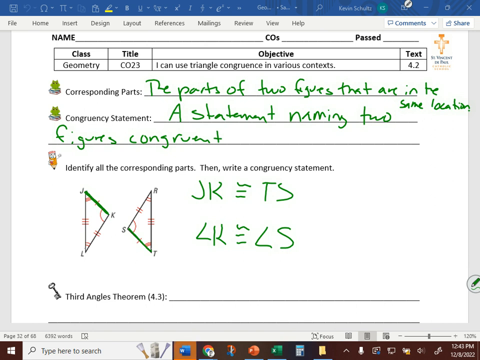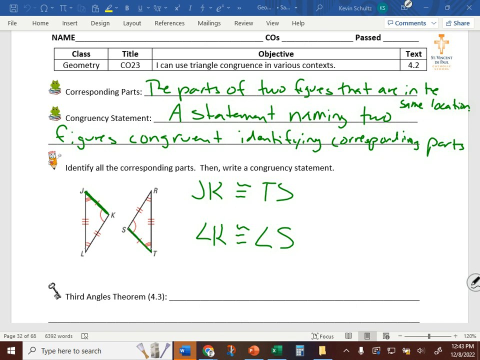Again, a statement naming two figures congruent, identifying corresponding parts.